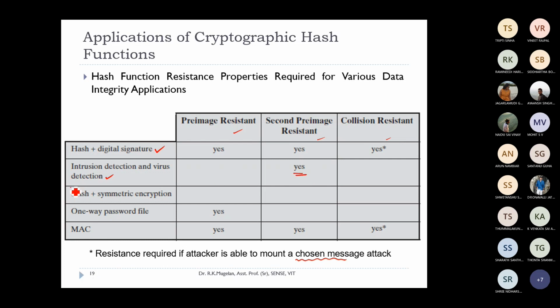We'll come to hashing plus symmetric encryption in the upcoming slides. Then the one-way password file is going to satisfy only pre-image resistance. Then message authentication code, which we'll be discussing after cryptographic hash function in this module, is also going to satisfy all these three criteria.